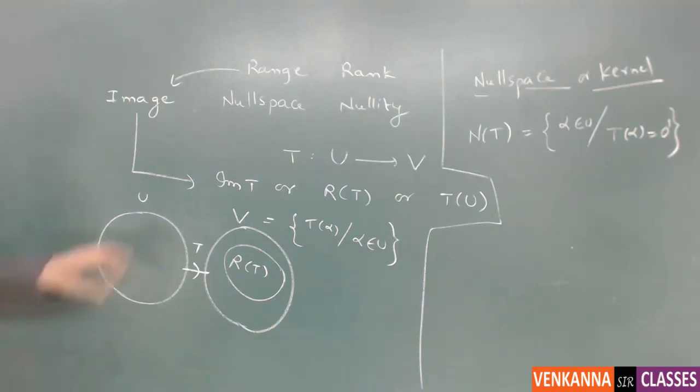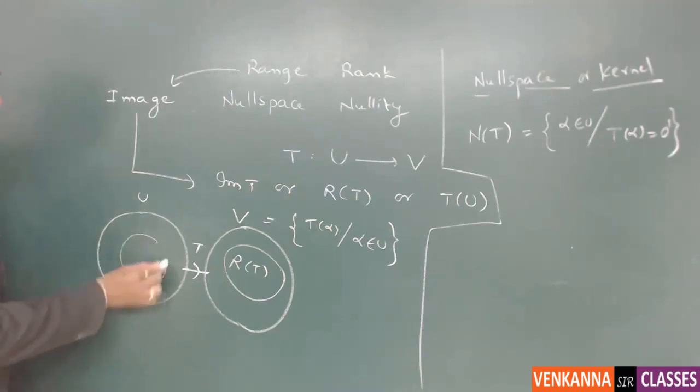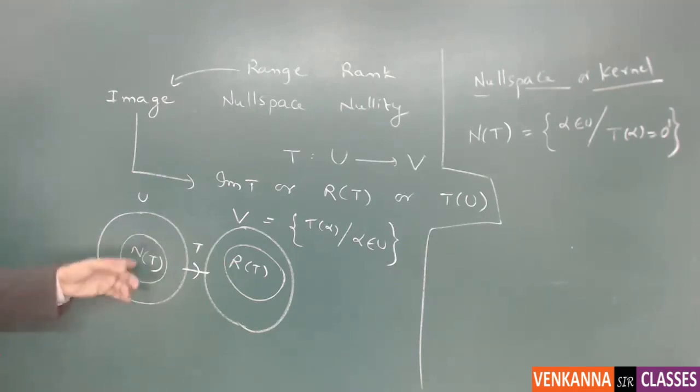So if you consider the domain, you are selecting those elements in the domain for which the image is zero. So N of T is a part in U, and obviously it is a subspace of U.